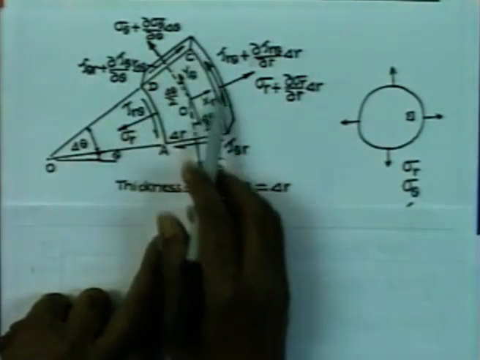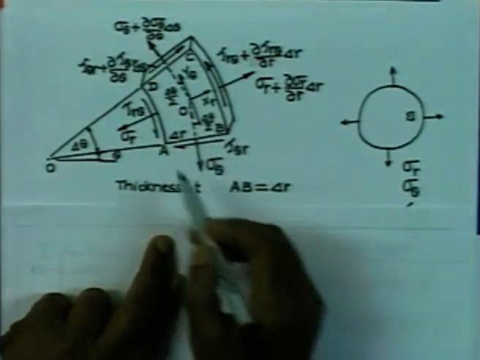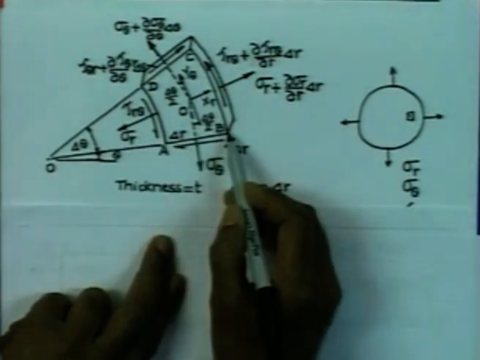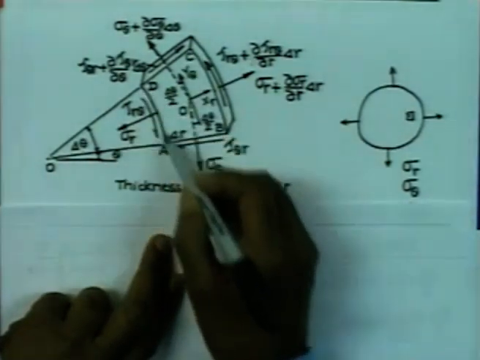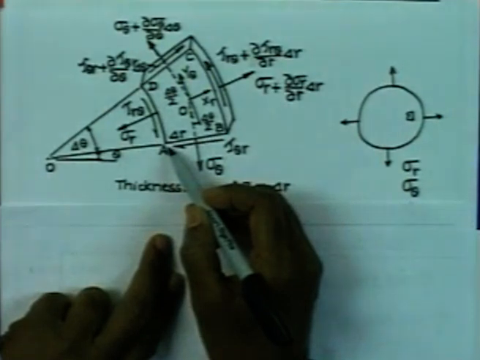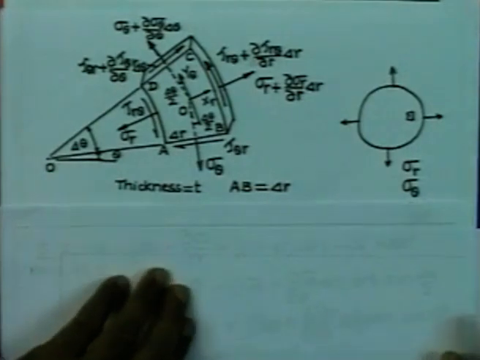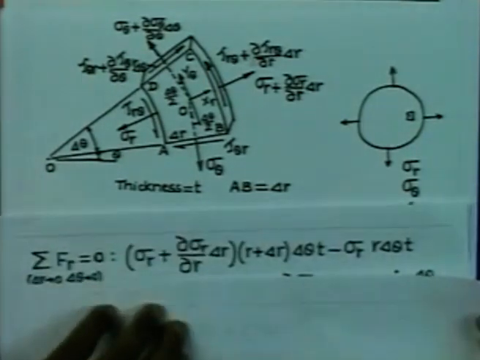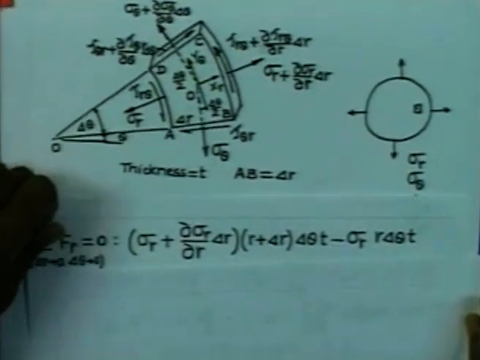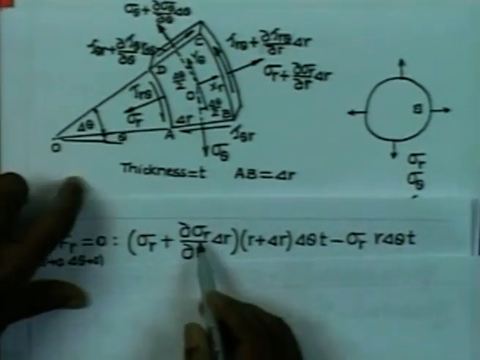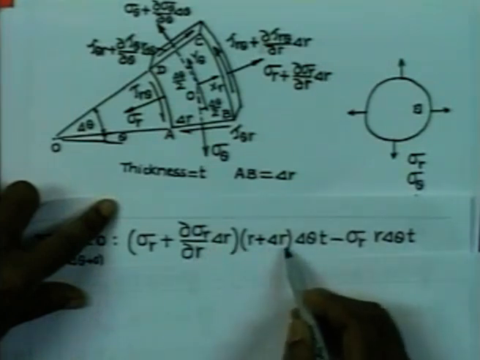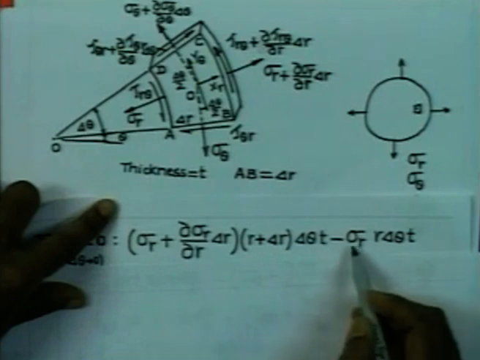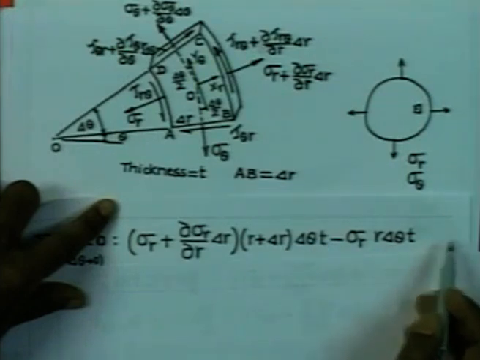The area of this face is nothing but r plus delta r multiplied by delta theta into thickness, and this area here is nothing but r delta theta into thickness. So, therefore, these two forces we can write as sigma r plus delta sigma r into r plus delta r into delta theta into t minus sigma r into r delta theta into t.